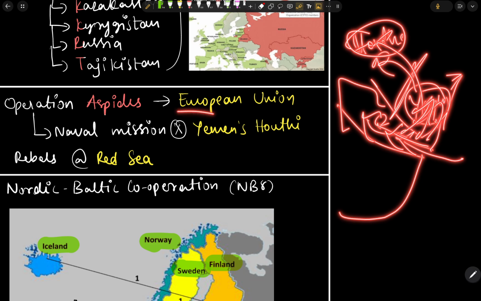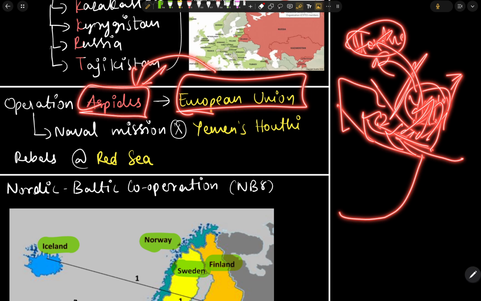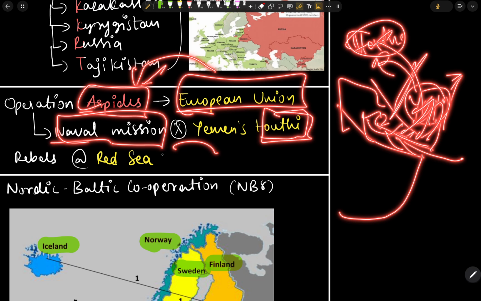So that's why the European Union has conducted Operation Aspides. This is a naval mission to counter the Houthi rebels of Yemen, and it occurred in the Red Sea.